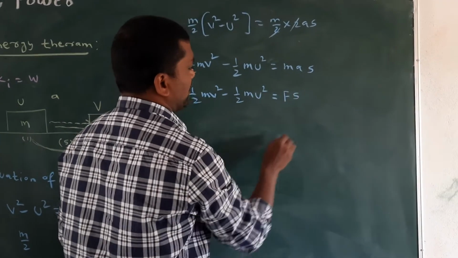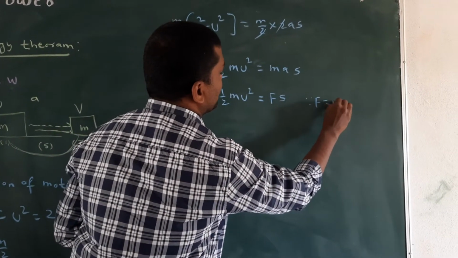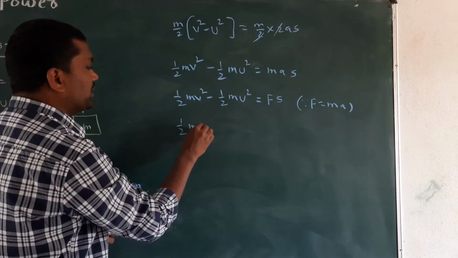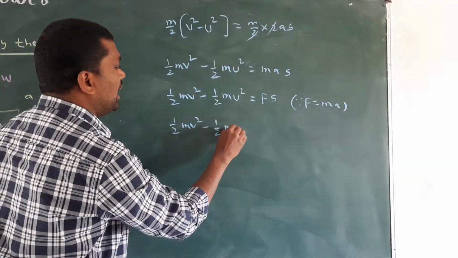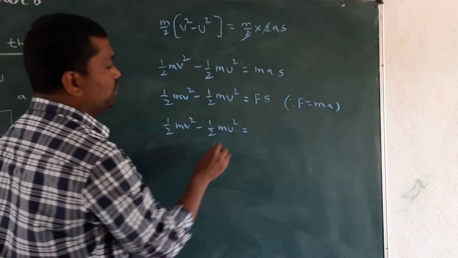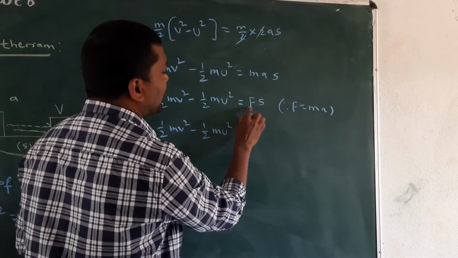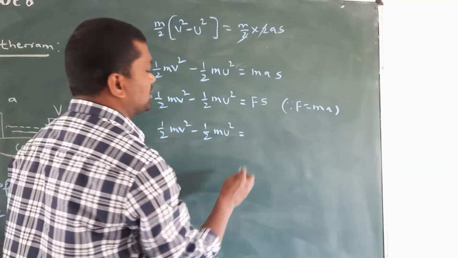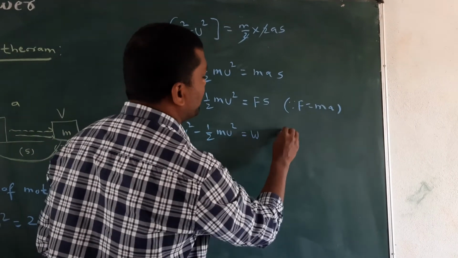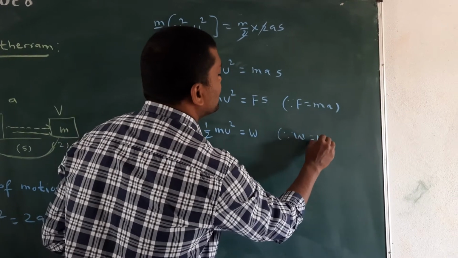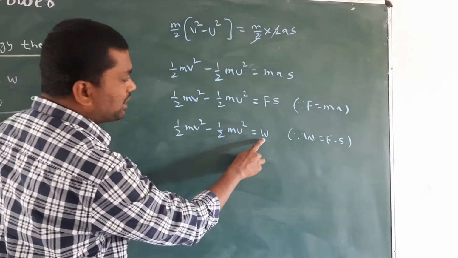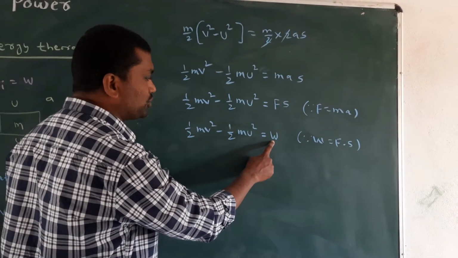So since F is equal to ma, half m v square minus half m u square is equal to F into S. Already we know the product of force and displacement is called work, so we can represent it by W. Since W is equal to F into S, W is the work done by the applied force.